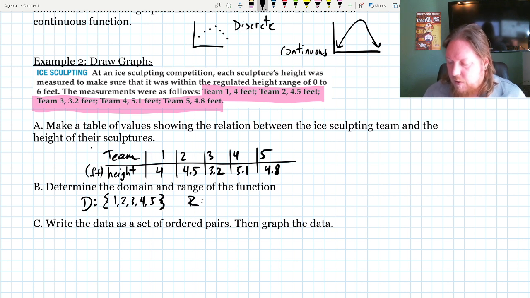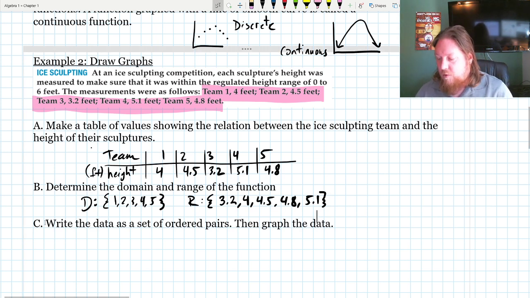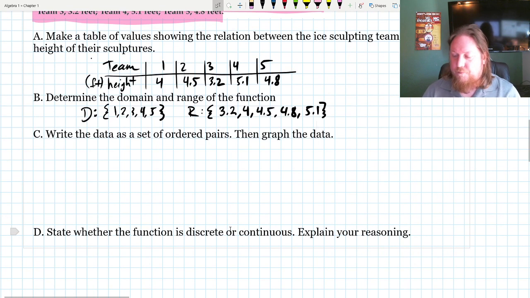The range is, let's put it in order, 3.2, 4, 4.5, 4.8, and 5.1. So you can see the domain and range don't have to be in the same order, because in sets we like the numbers to be in order from smallest to largest, or most negative to most positive if there's negative numbers in there. Alright, we're going to write the data set as a set of ordered pairs, then graph the data.